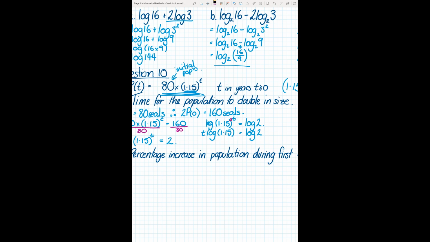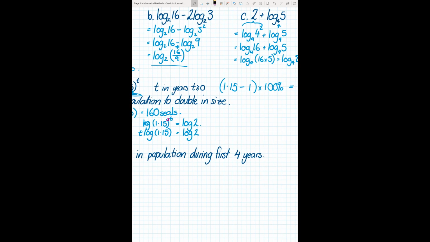So therefore, t must be equal to the log of 2 divided by the log of 1.15. We're putting brackets around that just to make sure we don't think that decimal point is a multiplication.